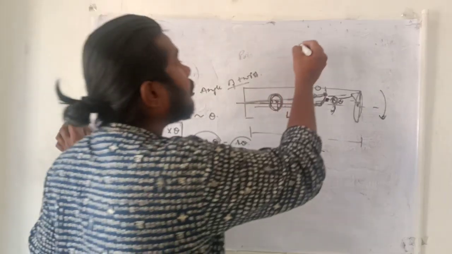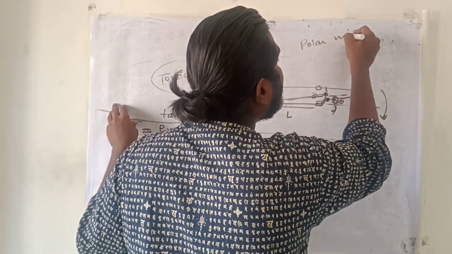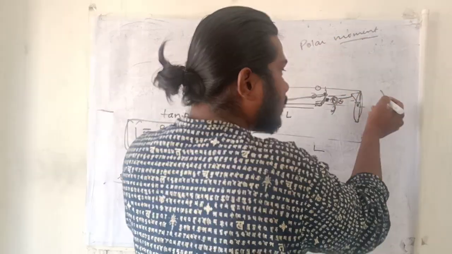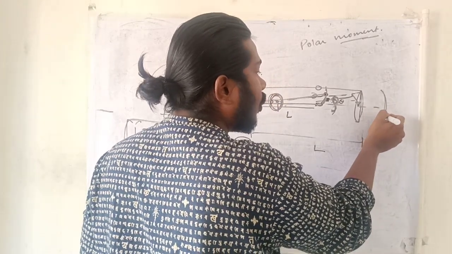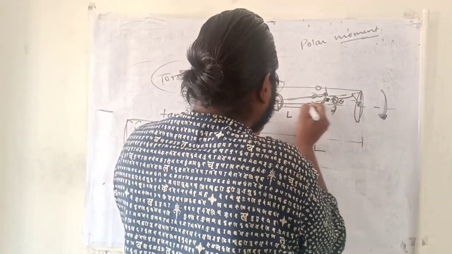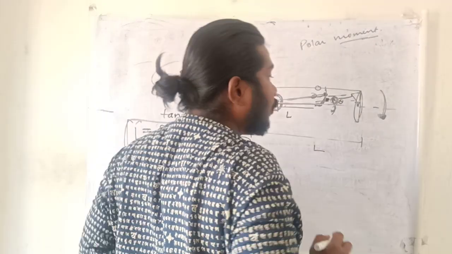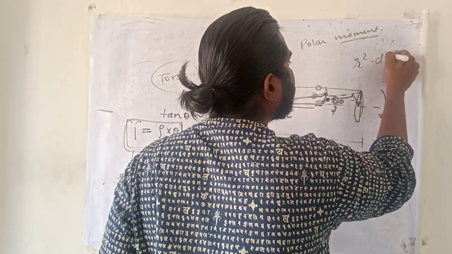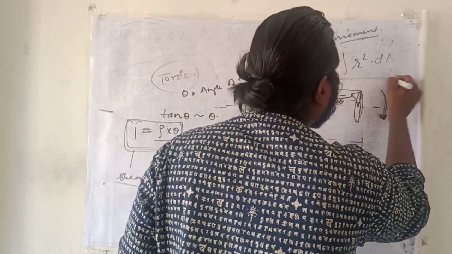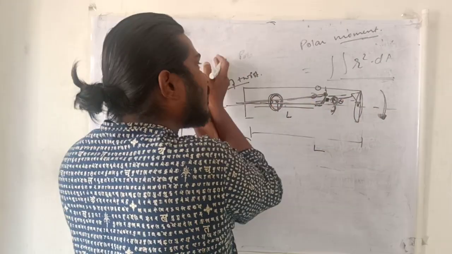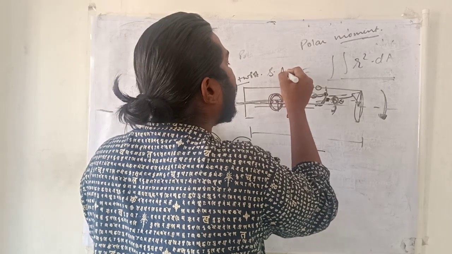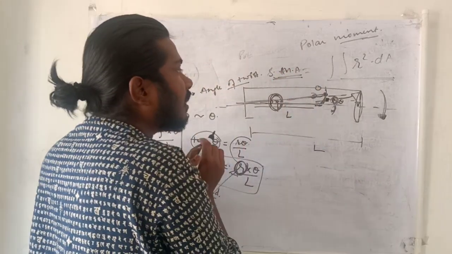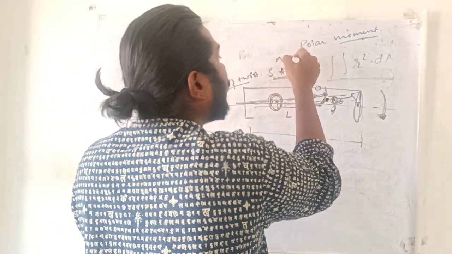Now when we talk about the polar moment of inertia and its implication, polar moment of inertia is about the torque or the moment applied along the neutral axis. So it would be again a double integral, exactly the same as what we got in the second moment of area, or area moment of inertia.